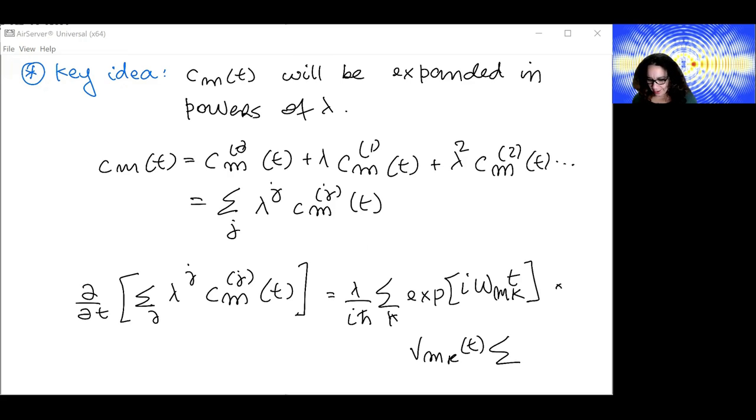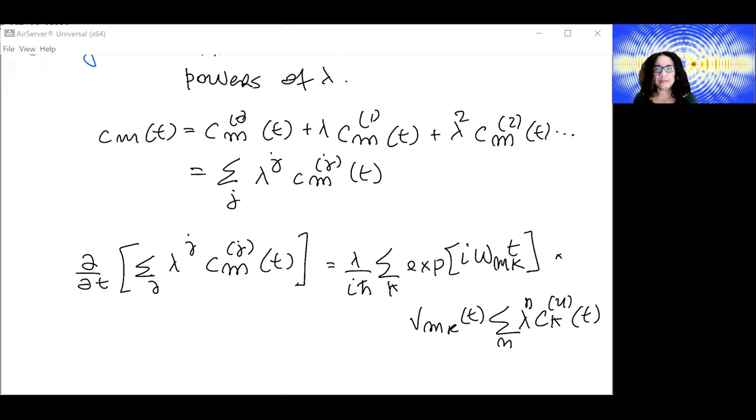And here we have, I'm putting, the sum over n of lambda^n C_k^(n)(t). So I'm considering expansions here on the left hand side and here on the right hand side.